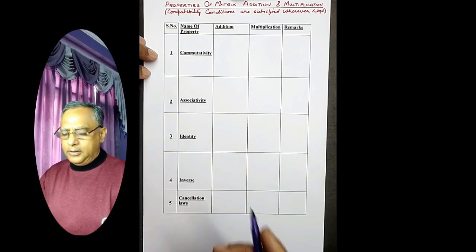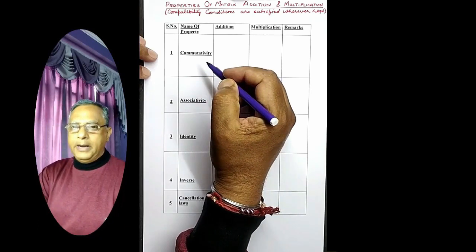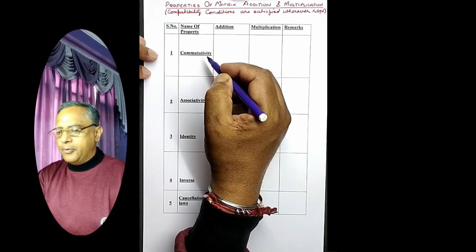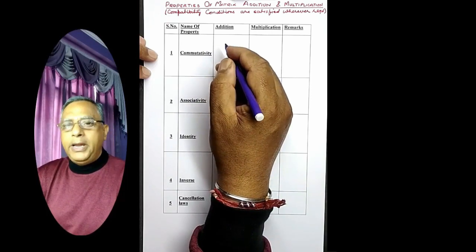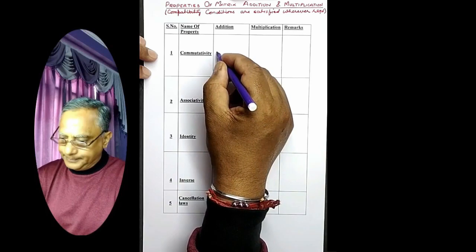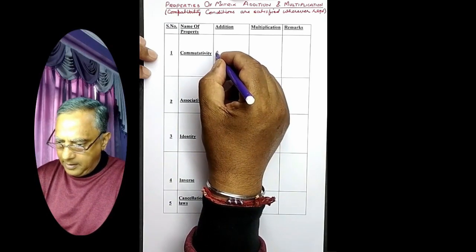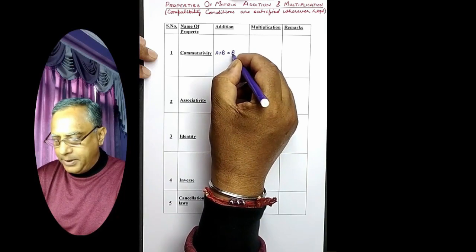So first of all, I take up addition of matrices. The property is commutativity. Let A and B be any two matrices of the same order, then A plus B is equal to B plus A.